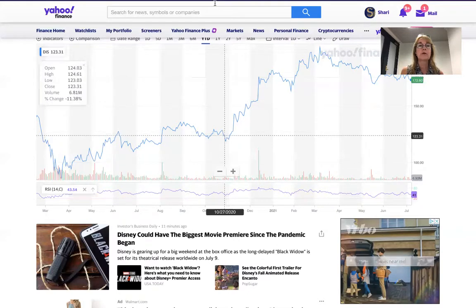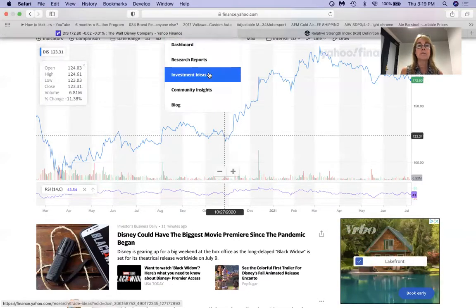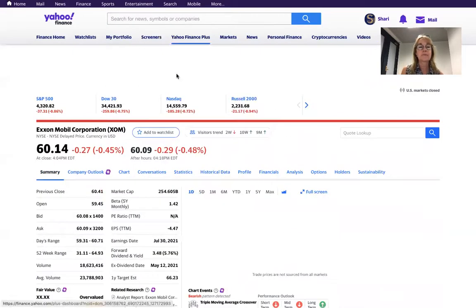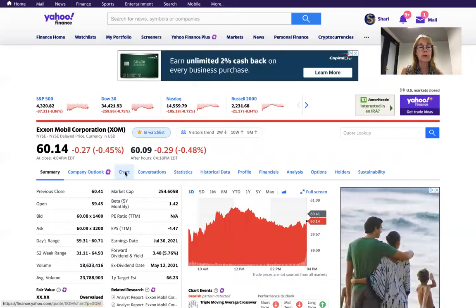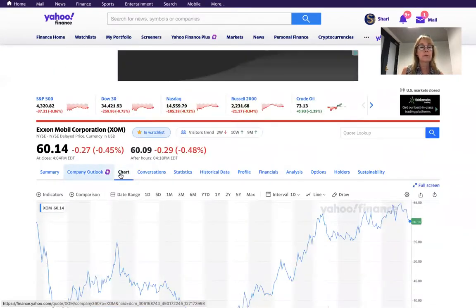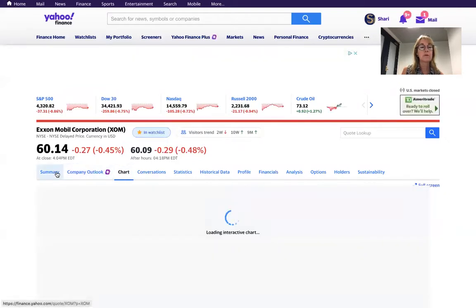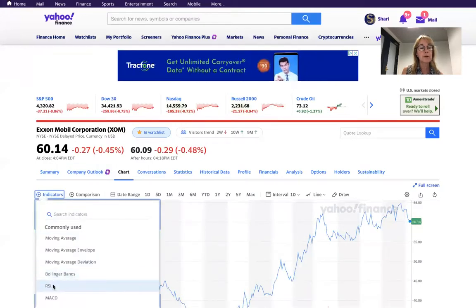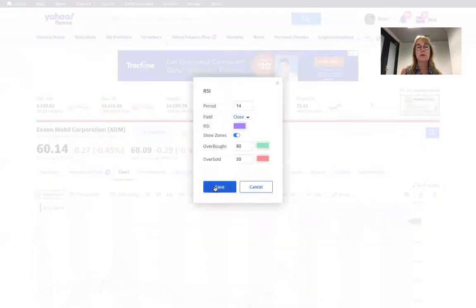So let's look at some others here. Let's go back and put in ExxonMobil and see what we have there. Let's look at their RSI. I suspect it might be overvalued, but let's take a look at the chart and indicators and go to RSI, relative strength indicator.